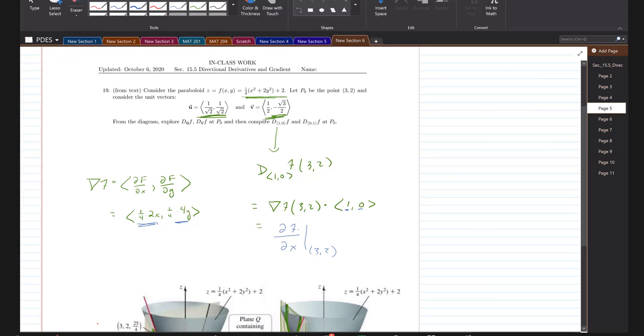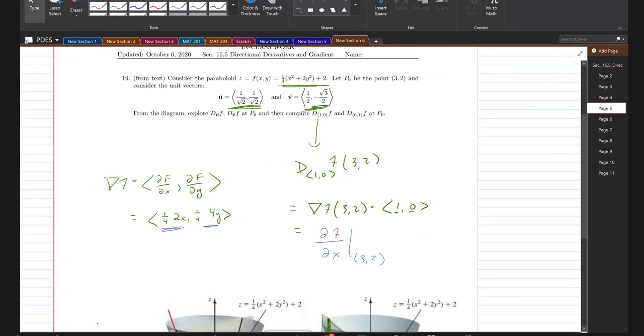Let's take a moment to digest that a little bit. If I compute the directional derivative, what direction am I computing that for? That's moving how far? 1 unit, where? That's moving 1 unit in the positive x direction. But that's just the same thing as computing what, folks? The partial derivative with respect to x.